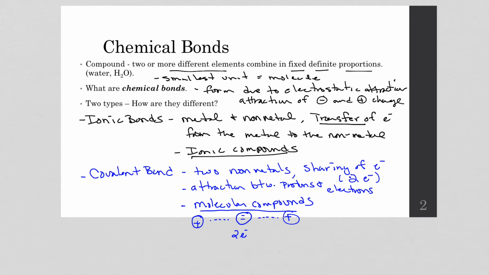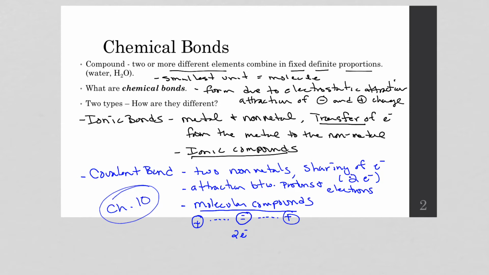So it's the mutual attraction between the protons in the nuclei of our 2 atoms and these shared negatively charged electrons. That's where we get our covalent bond. We're going to touch on this in more detail starting in Chapter 10.